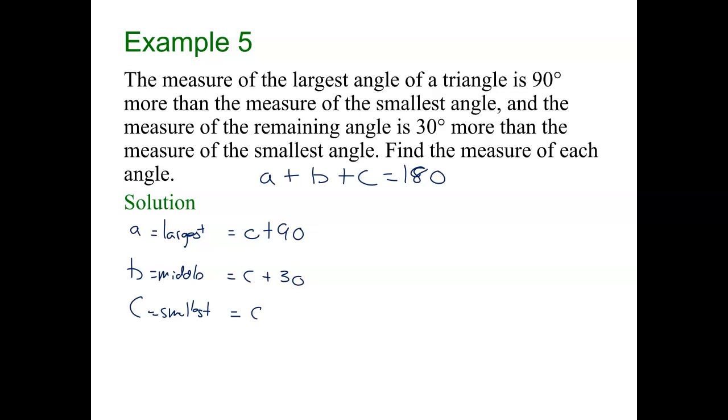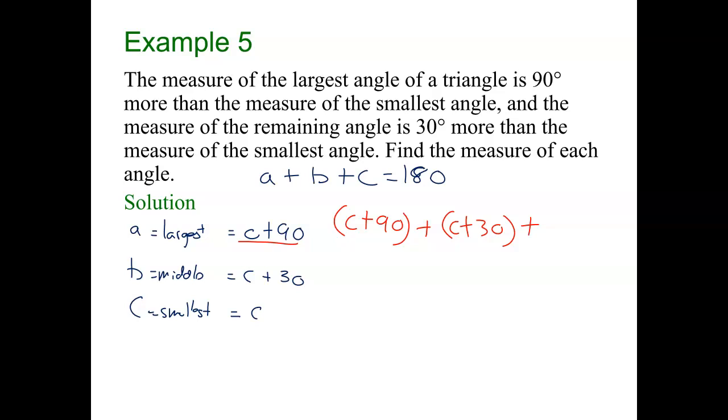We're going to use substitution because I've got 3 different variables and this formula, so we can just plug everything in. What can I replace A with in my equation? Not just 90. C plus 90, because A is the smallest plus 90. What can I replace B with? C plus 30.